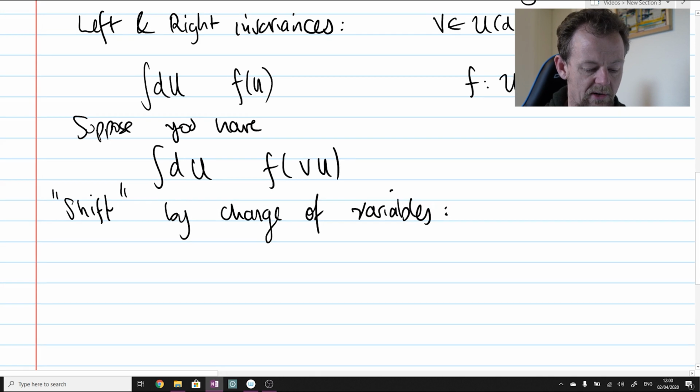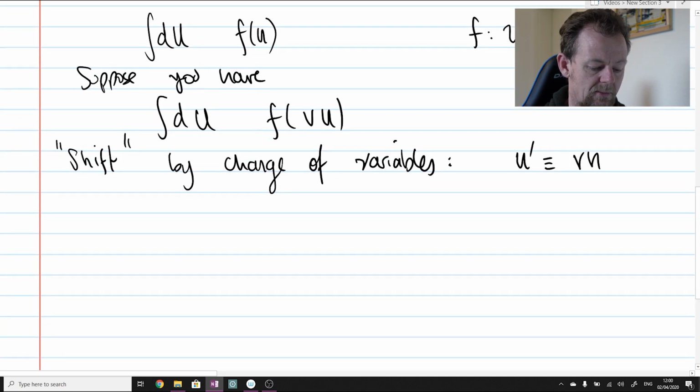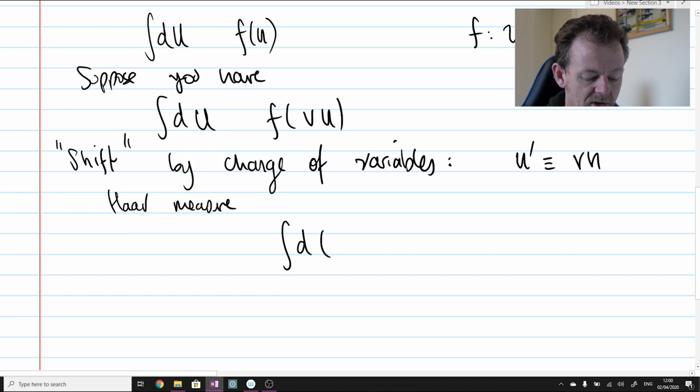So to do that, we just define a new variable, let's call it u prime, and that's just v times u. Now, of course, whenever you change variables, especially in a multi-dimensional integral such as this, you have to multiply by a Jacobian factor. However, Haar measure has this very beautiful property that if you do make a shift, then the measure du is exactly the same as du prime.